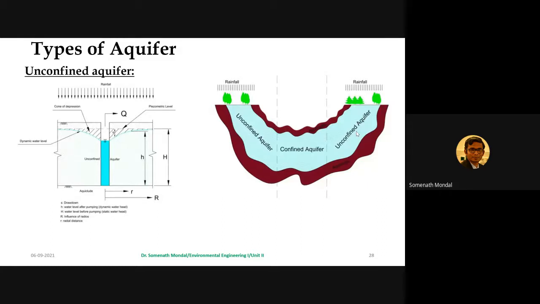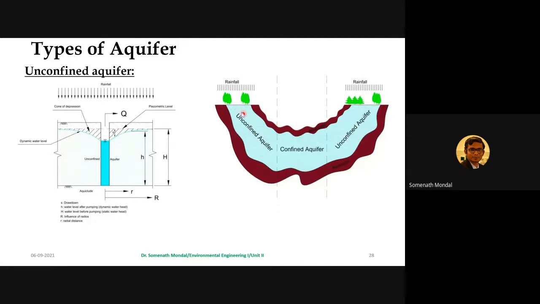Now, unconfined aquifer is directly recharged by infiltration. So in a single formation here, you can see both types of aquifer. Unconfined aquifer I have not discussed yet, but when I discuss in the next slide, you will be able to understand that in a single formation we can have both types of aquifer, unconfined and confined aquifer.